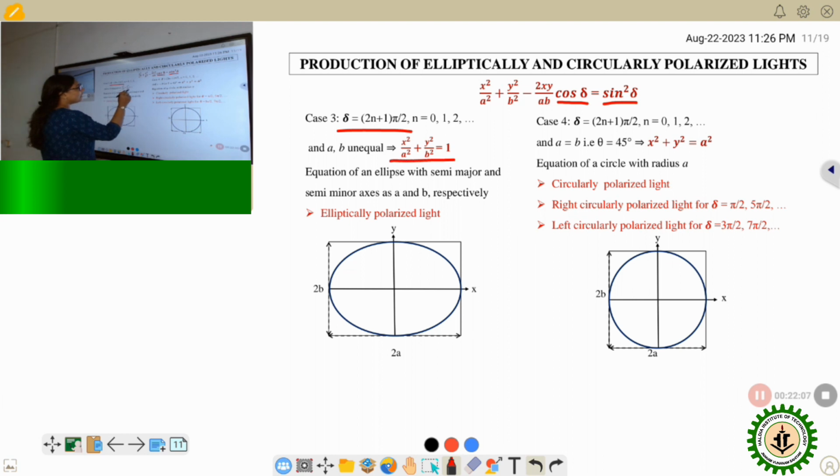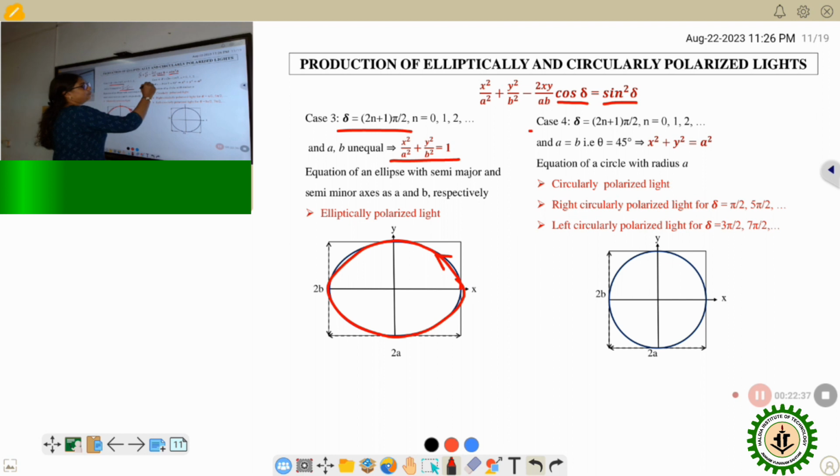Simply we get x square by a square plus y square by b square equal to 1, which is equation of an ellipse with semi-major and semi-minor axis as a and b. So you can see that we get an elliptically polarized light as it is an equation of an ellipse.